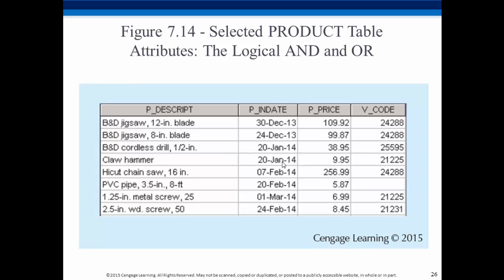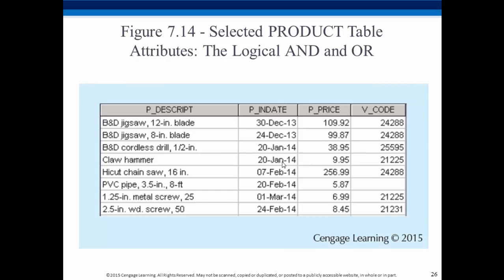You've got two conditions going on. Either the price has to be less than 50 and the date greater than January 15th, both of those conditions have to be true for it to allow records from that statement, or the V_CODE has to equal 24288. So it's going to show all records where the V_CODE is 24288 and all records that match the price being less than 50 and the date being greater than January 15th.